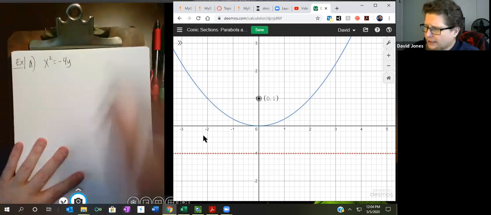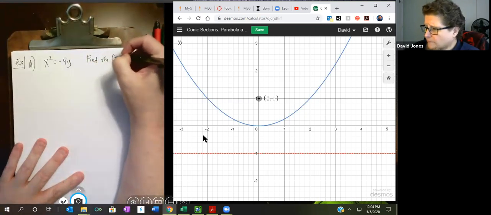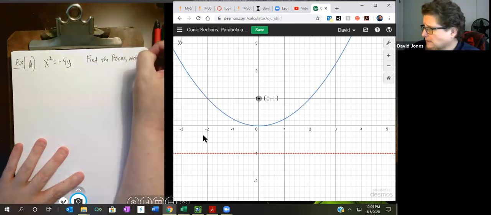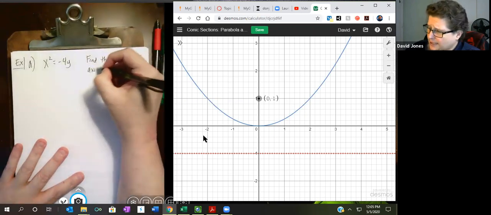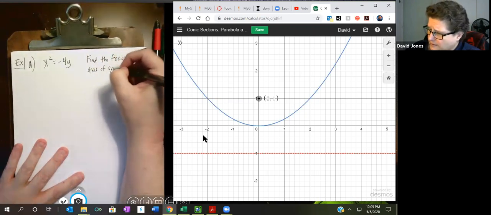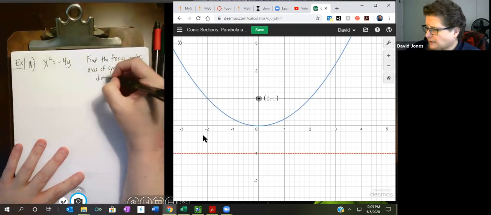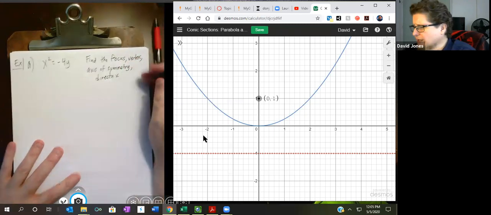And our goal is to find the focus, vertex, axis of symmetry, directrix. That should be good.